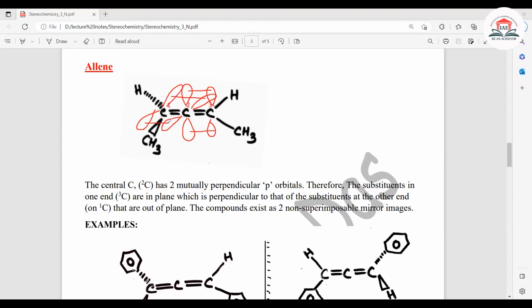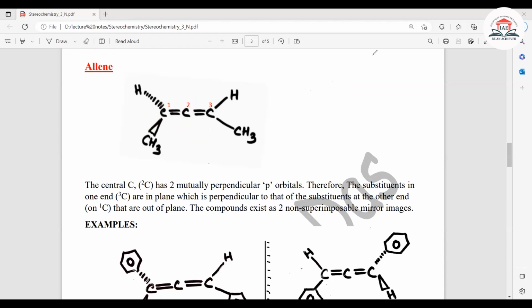Why is it so? Because the two p orbitals are not in the same plane. If one is in plane, the other will have to be out of plane. That is the reason why the substituents on the opposite ends are not in the same plane, and that is why you cannot draw a plane of symmetry through the molecule.